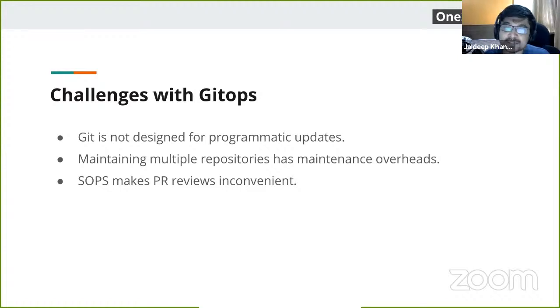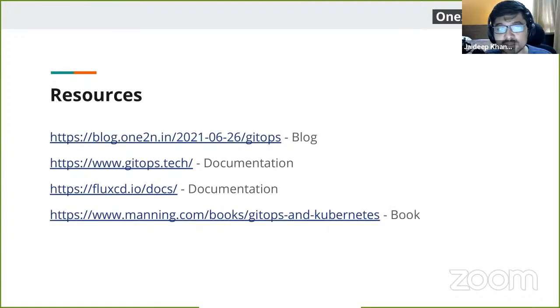And the final part is that SOPS makes PR reviews really inconvenient because everything is encrypted. You can't really look and comment on GitHub. But it was a trade-off that we took, and it's not a deal breaker for us. So that is pretty much it.